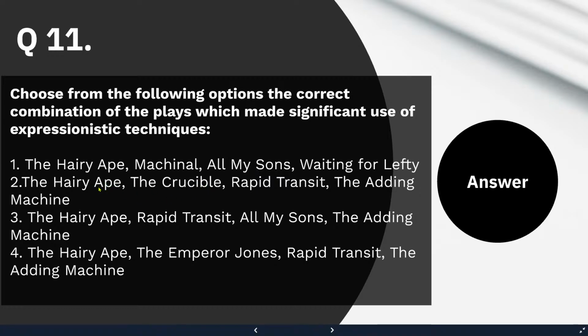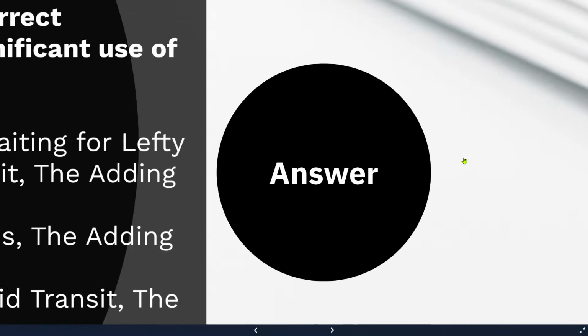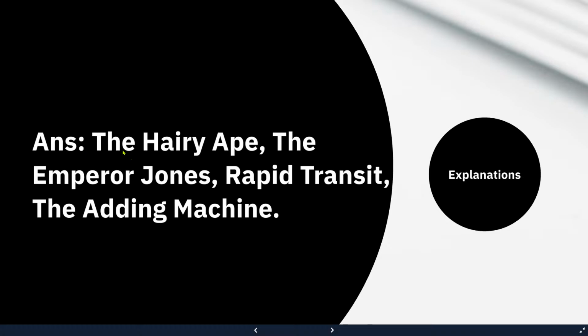Again the same option here: The Crucible, Rapid Transit, and The Adding Machine. The answer for this question is The Hairy Ape, The Emperor Jones, Rapid Transit, and The Adding Machine.